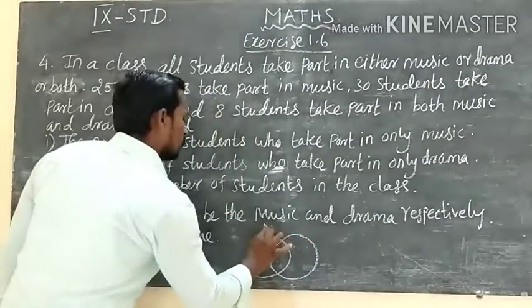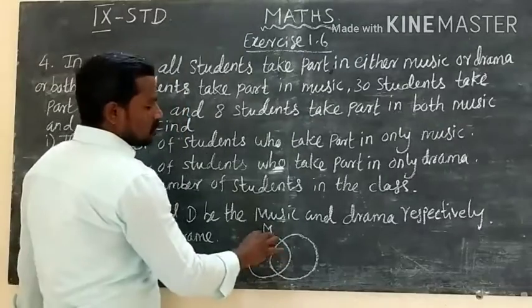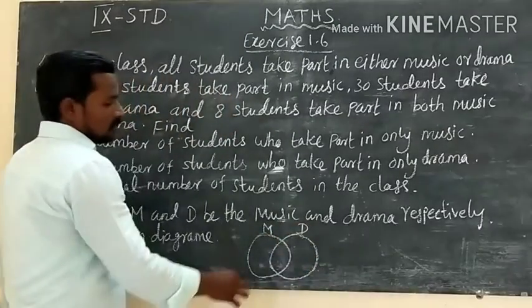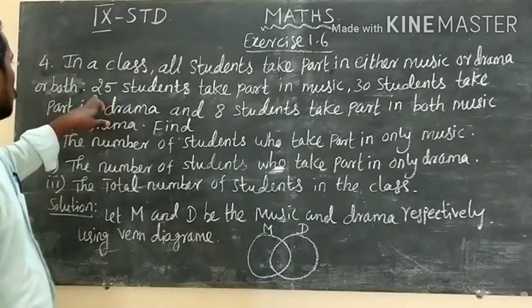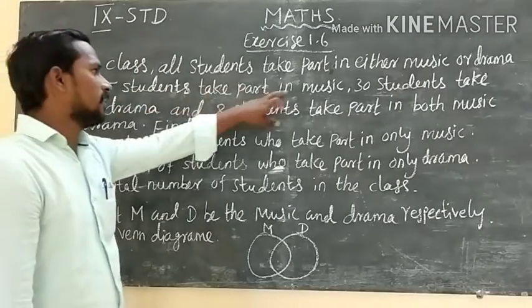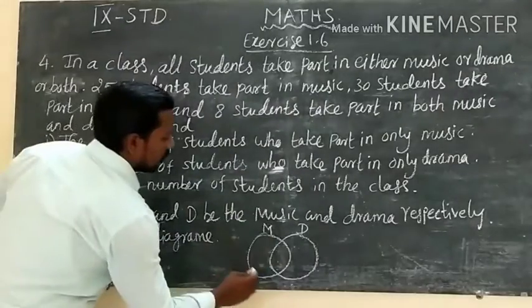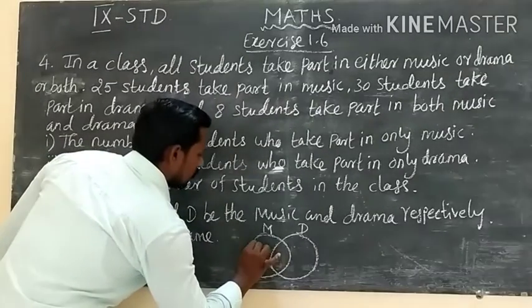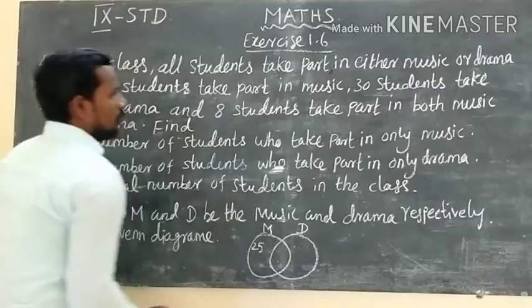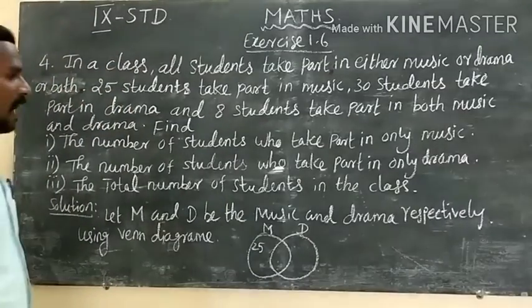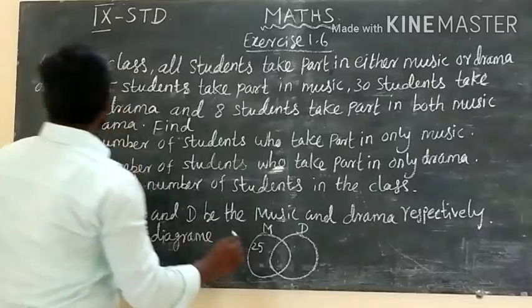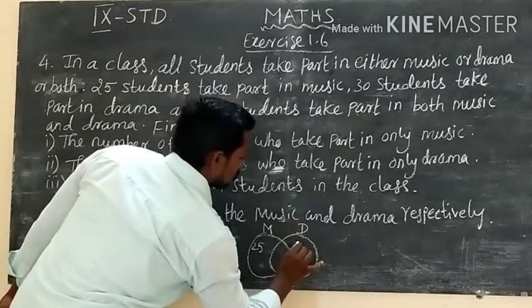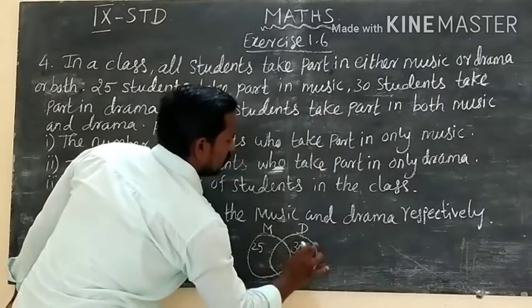The first represents M, music, and the second D, drama. Next, 25 students take part in music, so the circle has 25. And 30 students take part in drama, so the D circle has 30.